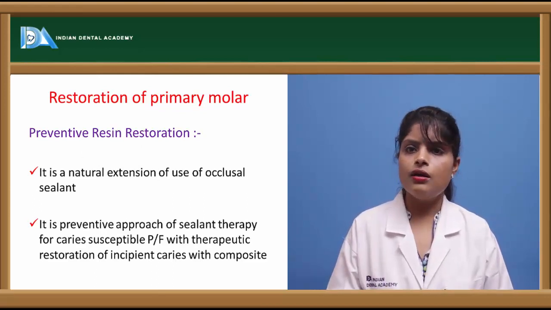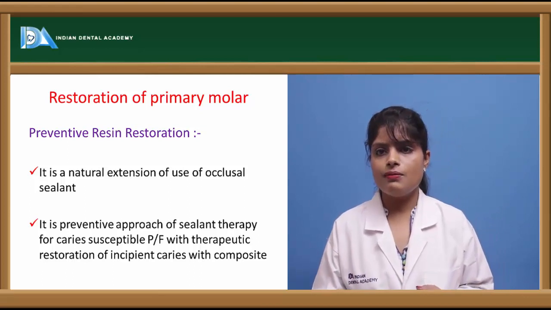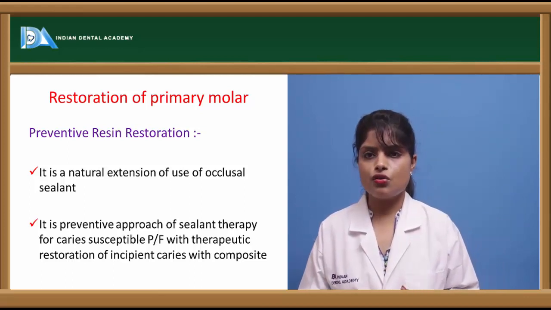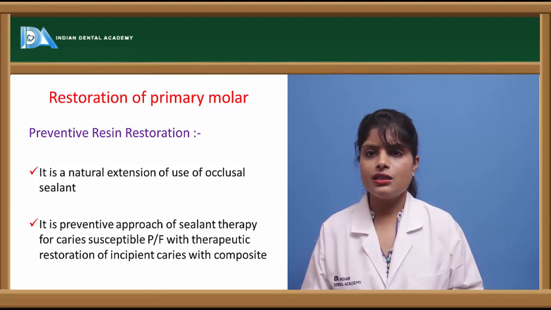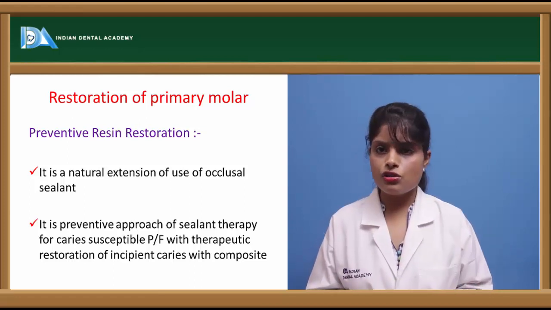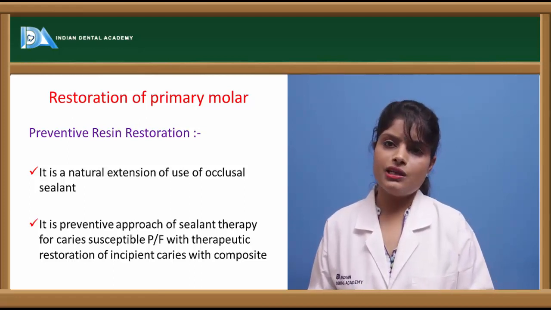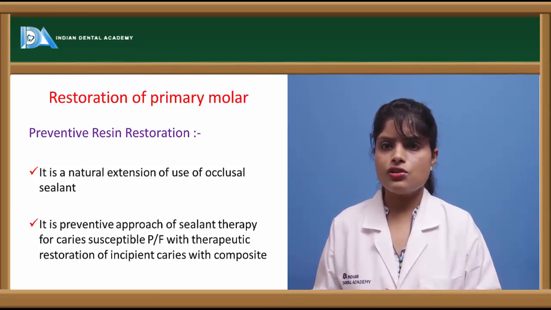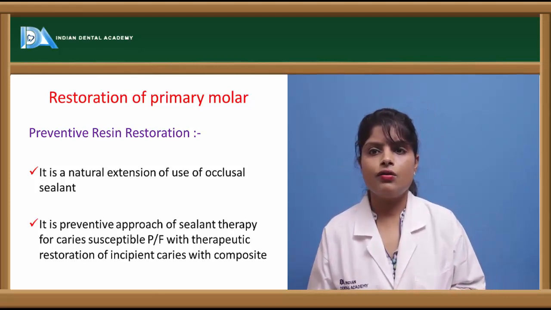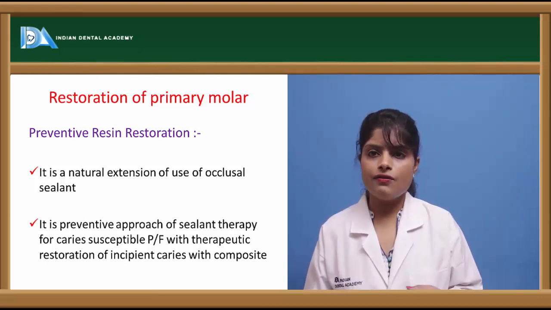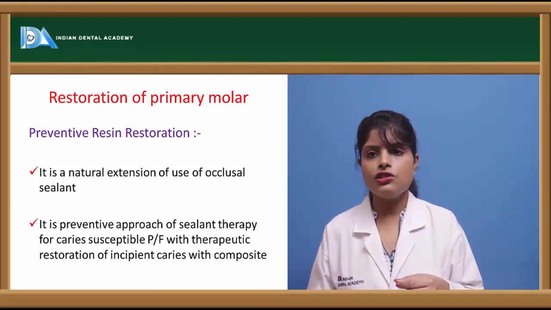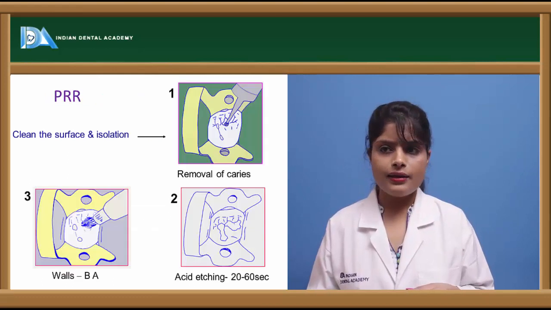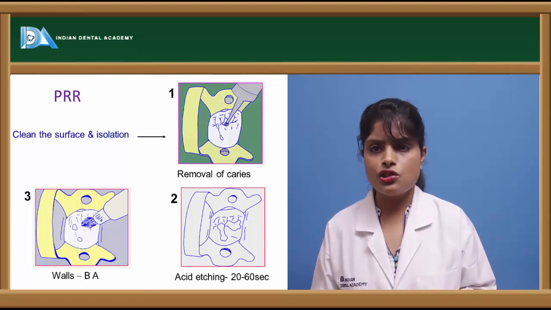The primary molar is restored by means of a preventive restoration, the class 1 cavity preparation and then restoration of the cavity, then the class 2 cavity preparation and restoration. Now, preventive resin restoration is a preventive technique for basically pit and fissure caries. Here, all the fissures are involved and cavity preparation is done in the fissures.